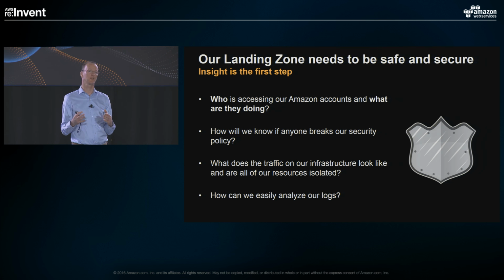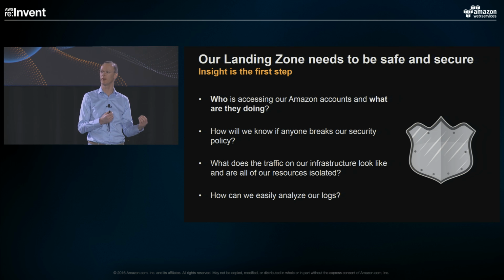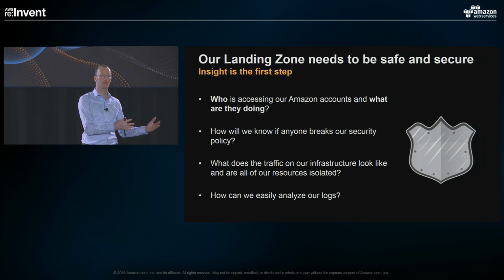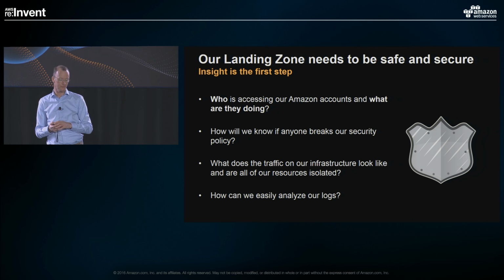If we double click on the insight into what's happening in my account, the first thing is I want to understand who is doing what within AWS, and what effect does it have on my services? And perhaps even more importantly, what's happening to my services, is that compliant with my enterprise security or compliance rules?